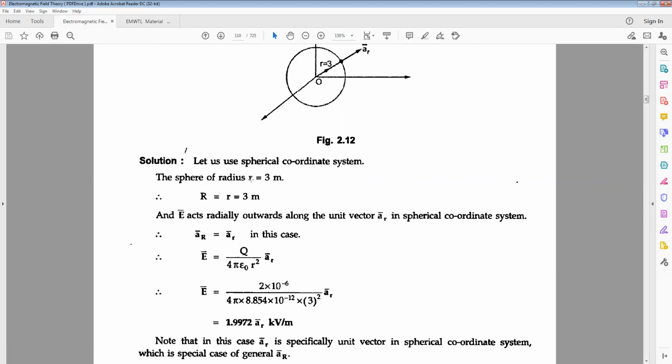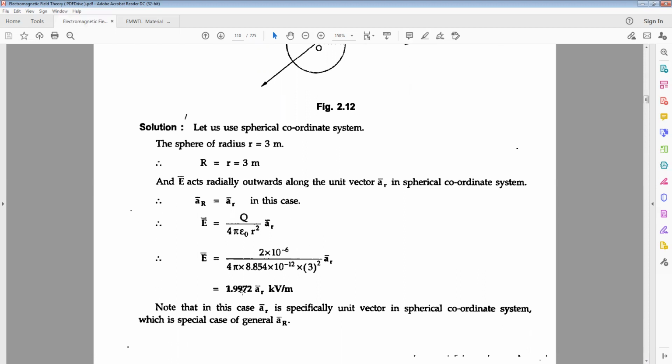The E bar acts radially outwards along the unit vector AR bar in the spherical coordinate system. Simplifying, we get 1.9972 AR bar kilovolt per meter, kilo meaning 10 to the power of 3.